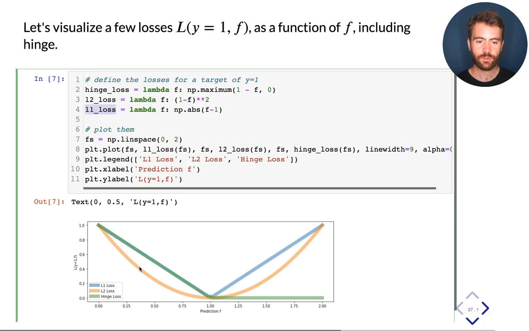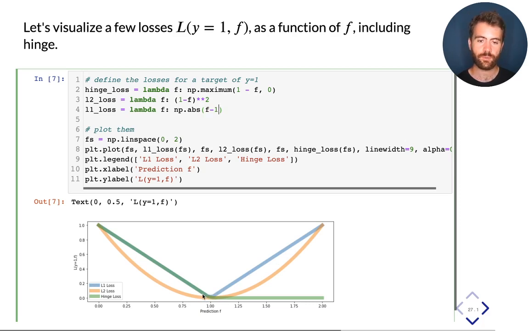In blue here, I have the L1 loss, which has this V shape. Again, it is minimized when our prediction f equals the true target y. This is simply the absolute value of the difference between f and 1. So as I predict something that's higher than 1, my loss increases.